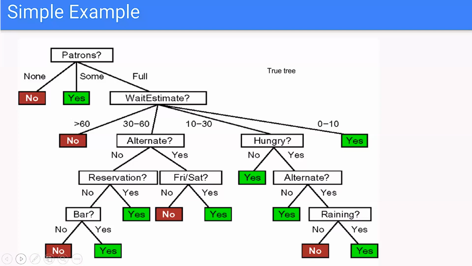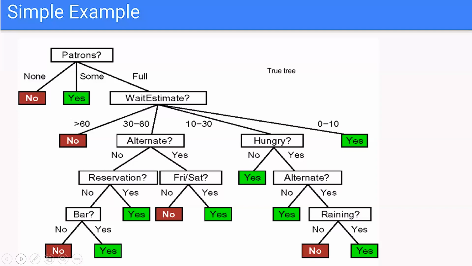So let's check for 30 to 60 minutes. We'll check for the alternate, then reservation, Friday or Saturday. If there are no reservations, then there should be a bar to wait for customers.